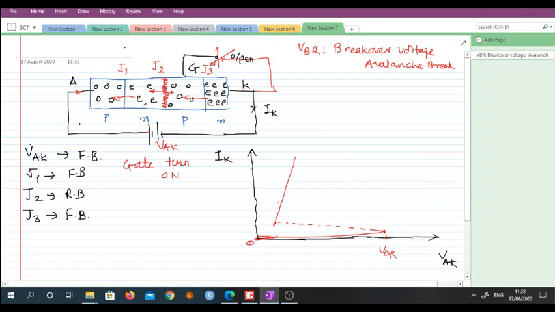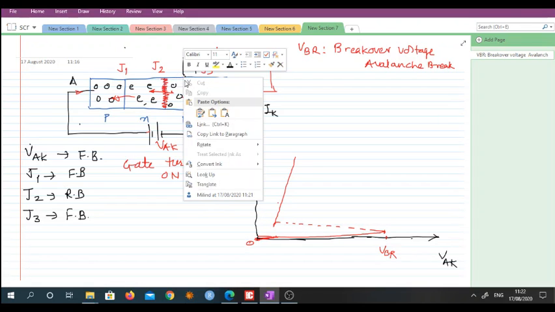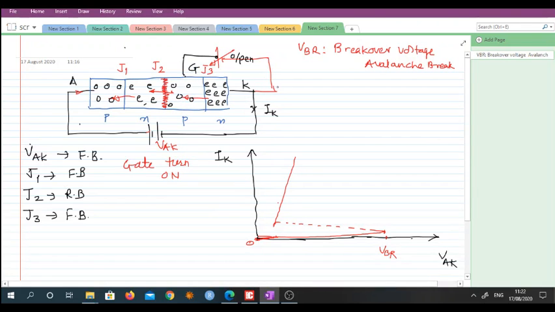Due to the application of gate potential, an electric field gets generated between these layers, that is this P layer and this N layer. These electrons will try to move here, but out of these electrons, the majority will move towards this side also by breaking this depletion wall, the junction J2 wall.